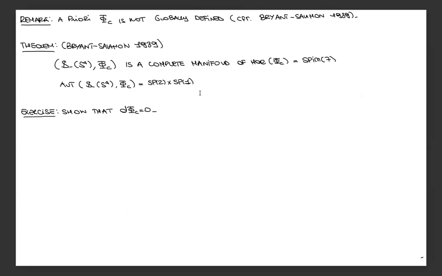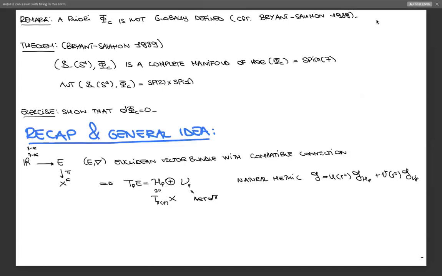And the theorem is once again that such an eight-dimensional manifold with a four-form is a complete manifold with holonomy equal to Spin(7), and they compute the automorphism group to be Sp(2) times Sp(1), where Sp(2) is the double lift of the SO(5) action on S^4, and Sp(1) acts on the fiber. So this is just a recap and a reminder of the idea of Bryant and Salamon.